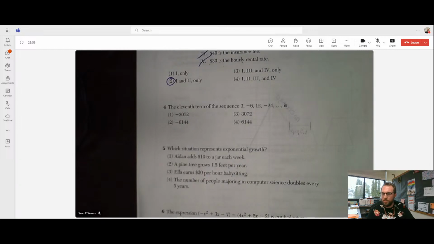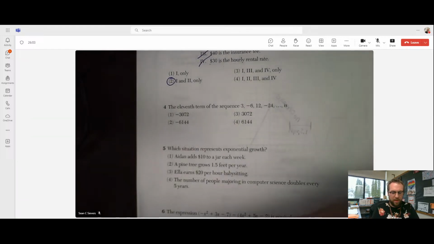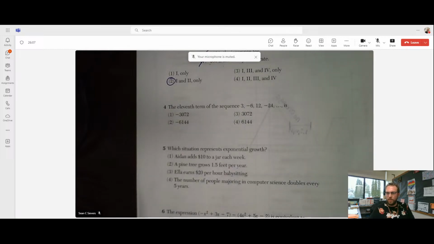Let me create a poll real quick. So it's either arithmetic or geometric. What do we think? Is this sequence arithmetic or geometric?